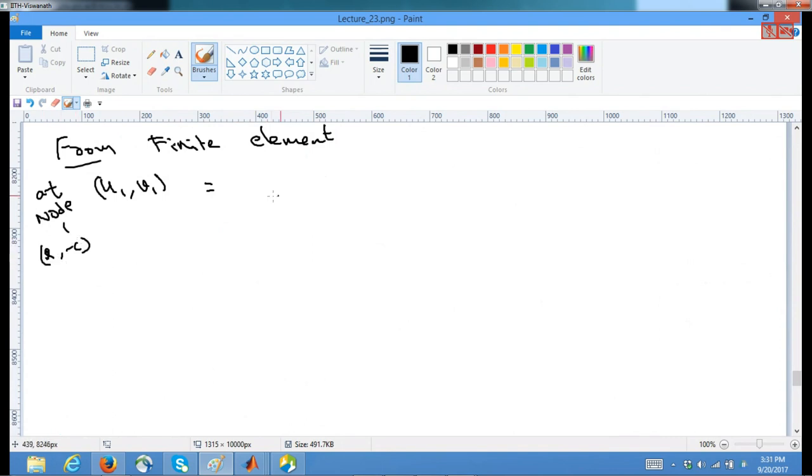If I substitute in this expression, I'll get minus u bar, and I get u bar CL into minus L square minus mu C square.